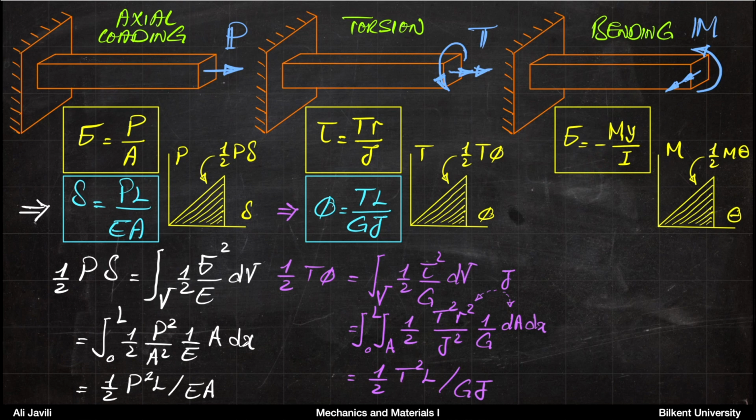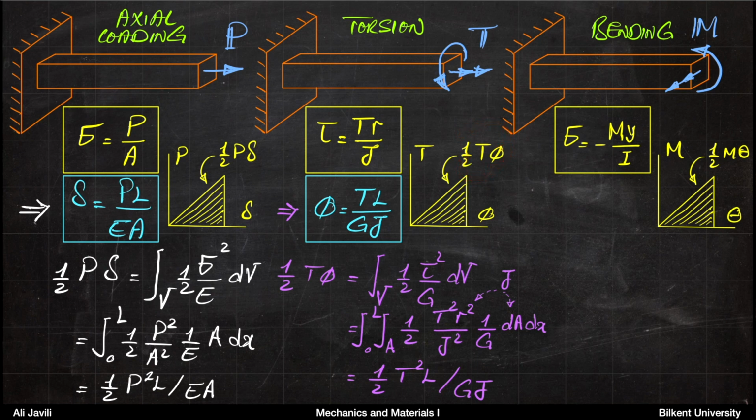And if you think of the external work, if the beam deforms by angle theta, that moment times angle would be your energy, or 1/2 of that, because you would integrate. It's very similar to what you had here.